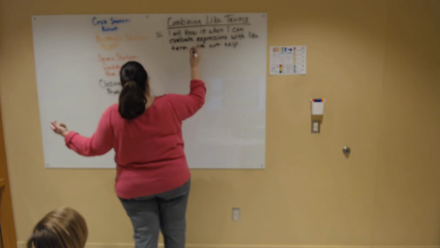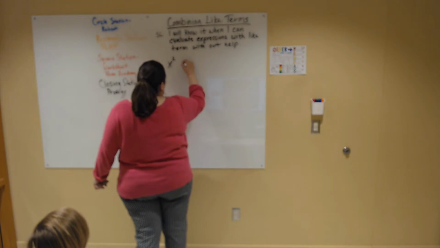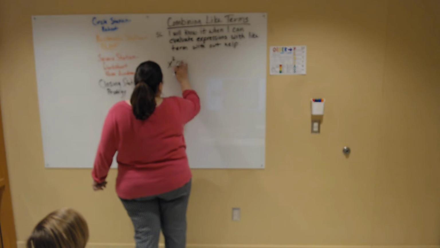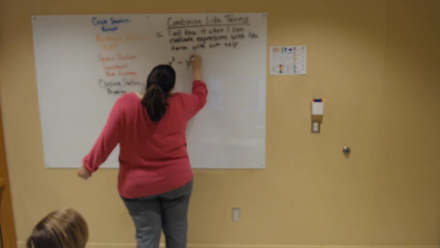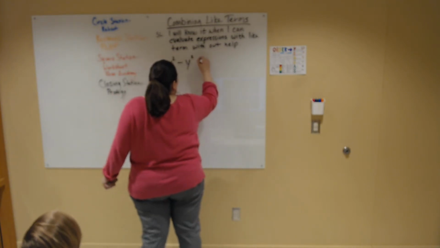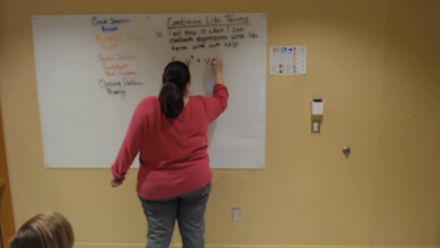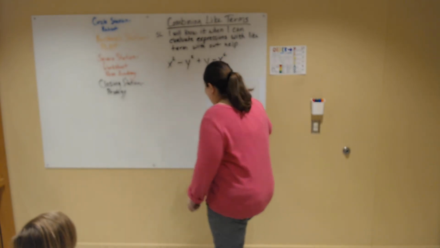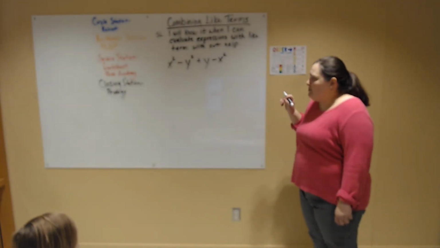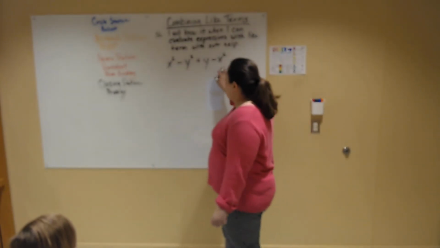We're going to make it x squared, let's make it in subtraction, minus y squared plus y minus x squared. Okay, so what is similar in these two situations? Y and y and x and x. Okay.